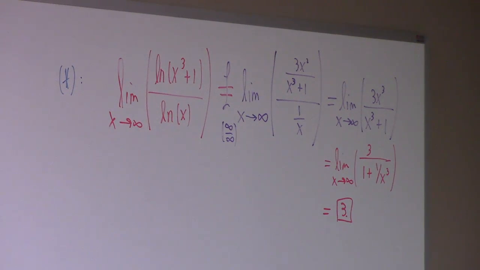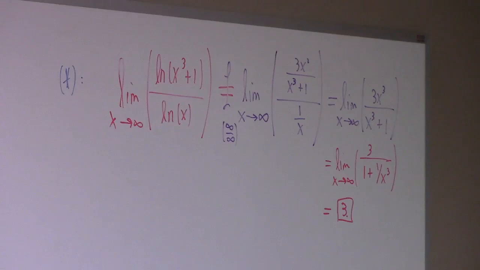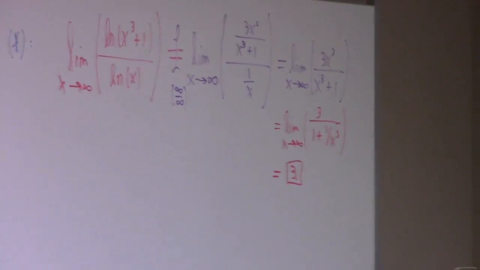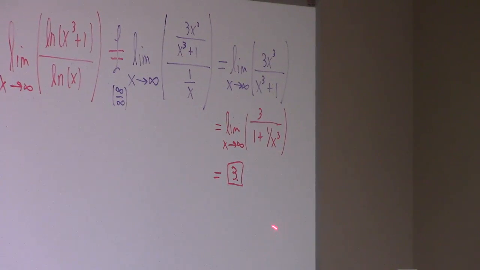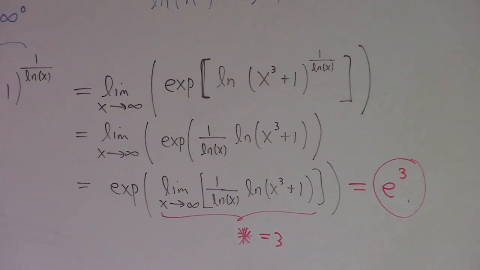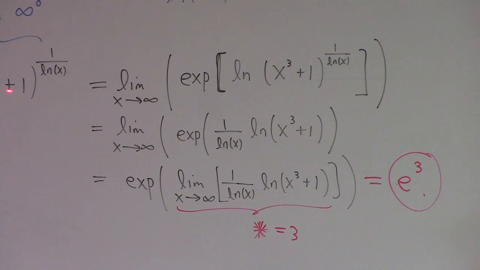Consequently, the limit is 3. Now that is not the problem we were working, right? This is something we need to work out to solve the problem we were working, which was this one. We have now figured out that star is 3. Therefore, the answer, the limit as x goes to infinity of x cubed plus 1 to the 1 over natural log of x power, is e to the 3.